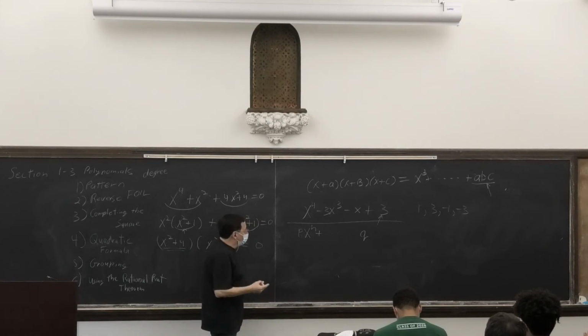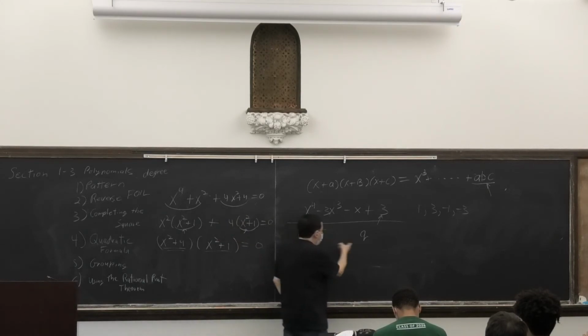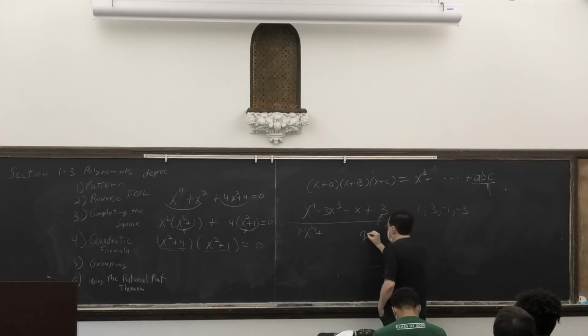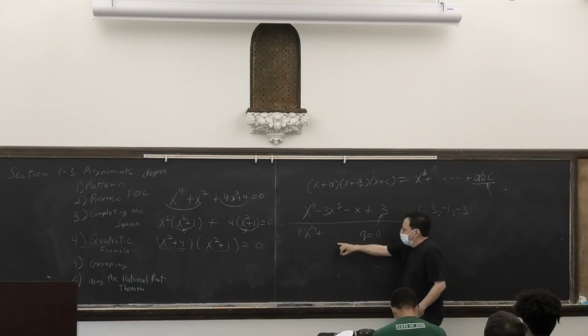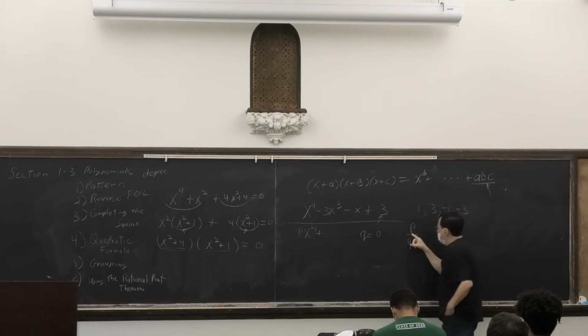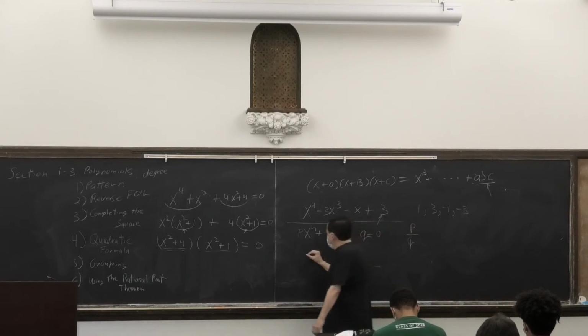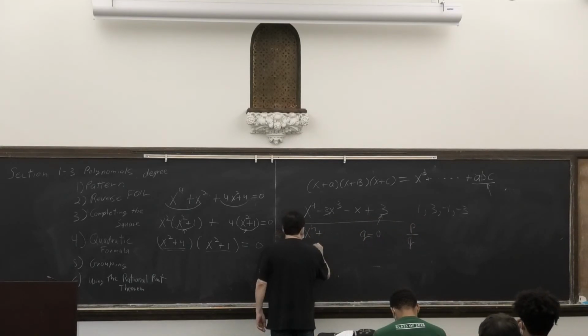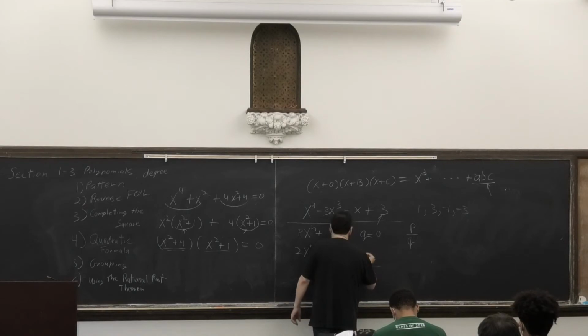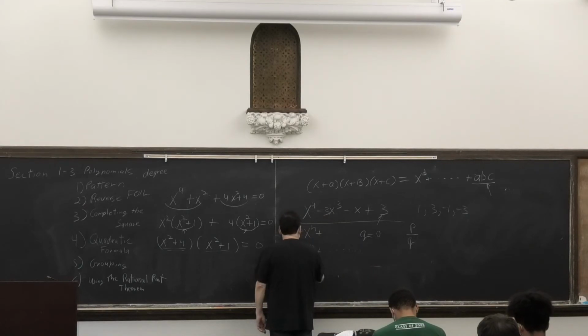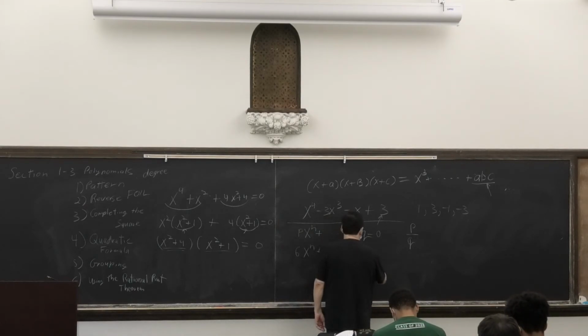The rational root theorem says that the only possible rational roots, the only possible numbers we can use as a factor, are going to be factors of p over q. So, for example, if we had 6x to the n plus 15.